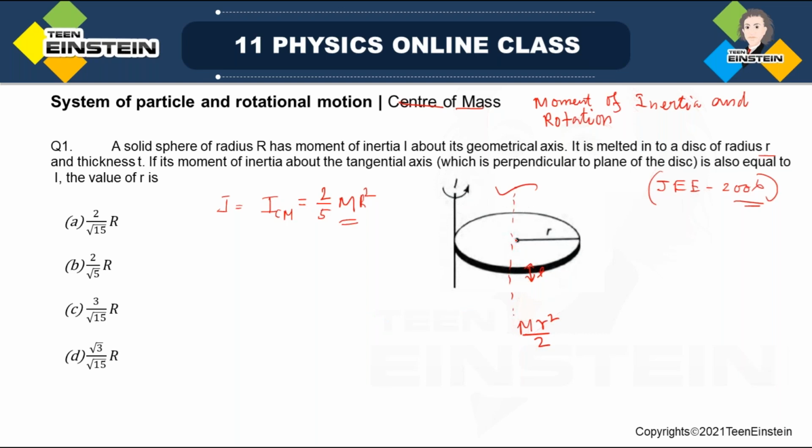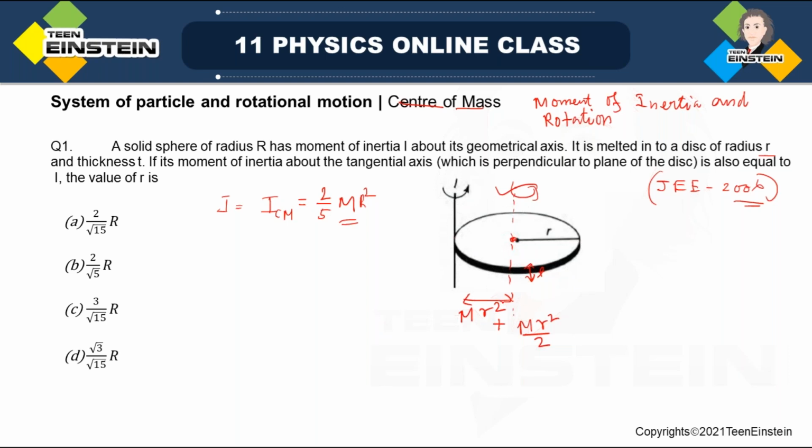For a disk, the moment of inertia about an axis passing through the center of mass, this point, is M r square by 2, and this axis is at a distance r because it is at the end. This is tangent to the disk, and the mass of the disk is the same M. So you have to add M r square. This is the parallel axis theorem.